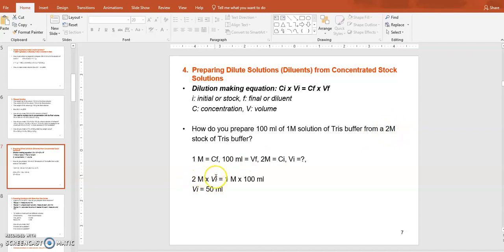You don't know. It's Vi. So you solve this equation for Vi. 1 times 100 divided by 2 is 50 ml. So you need 50 ml of 2 molar stock solution. Then you have to add water to dilute it, probably about another 50 ml of water. If you mix them together, you're going to have 100 ml of 1 molar solution. That's how you make this solution.